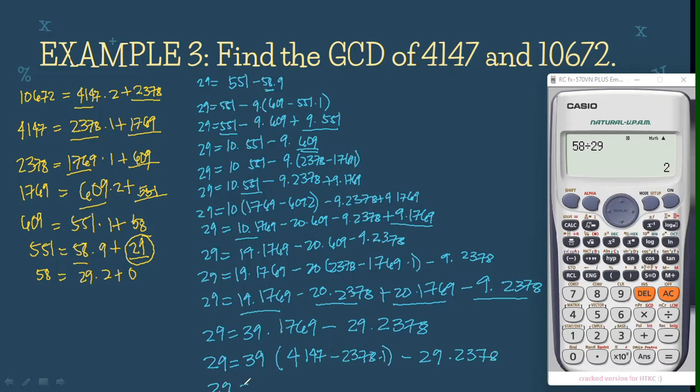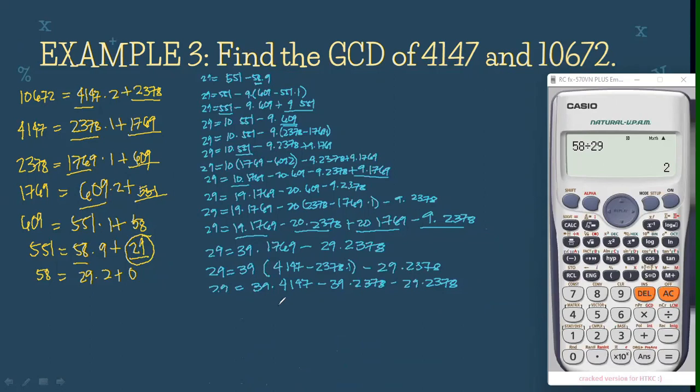So, we have 29 is equal to 39 times 4,147 minus 39 times 1, that is 39, times 2,378 minus 29 times 2,378. 29 is equal to 39 times 4,147 minus 39 plus negative 39 minus negative 29, that is negative 68.